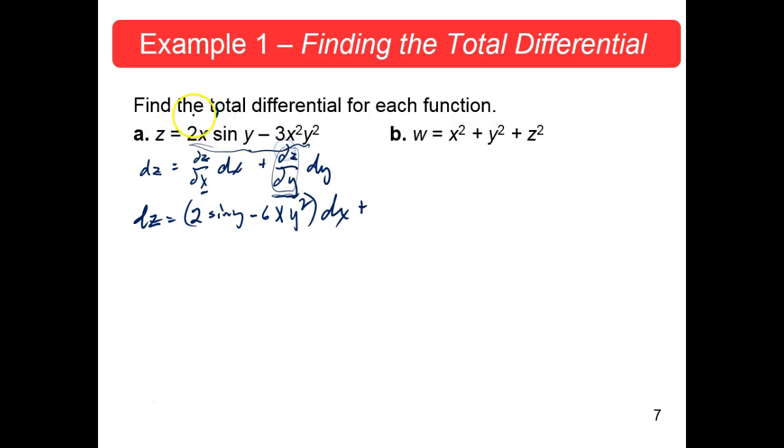You're doing this thing to this function, and then going to multiply it by dy. So what would that be? 2x cosine y. Perfect, perfect, perfect. That's the first part anyway.